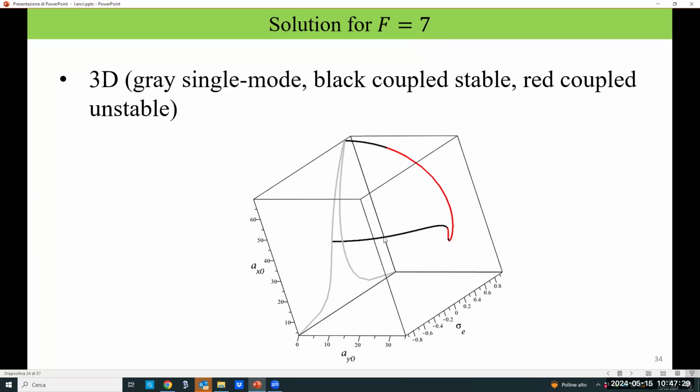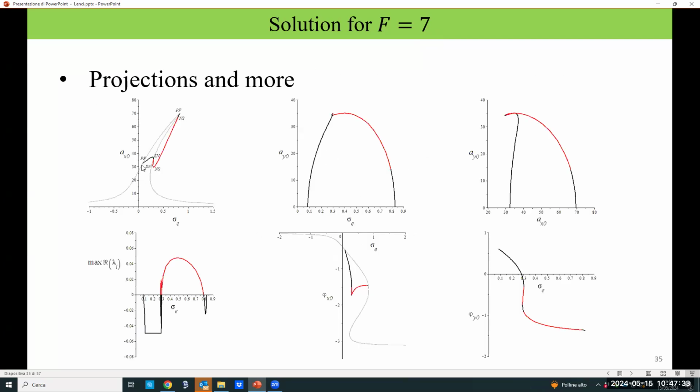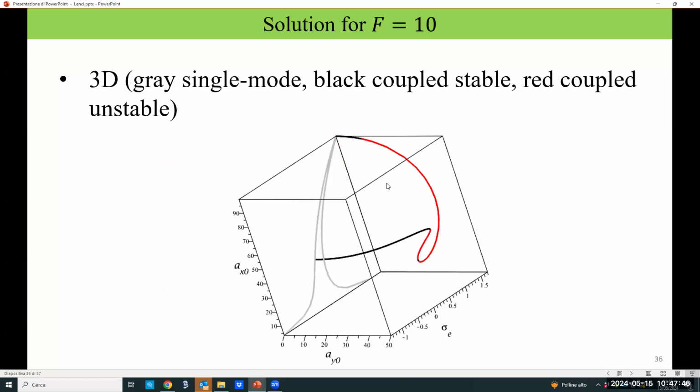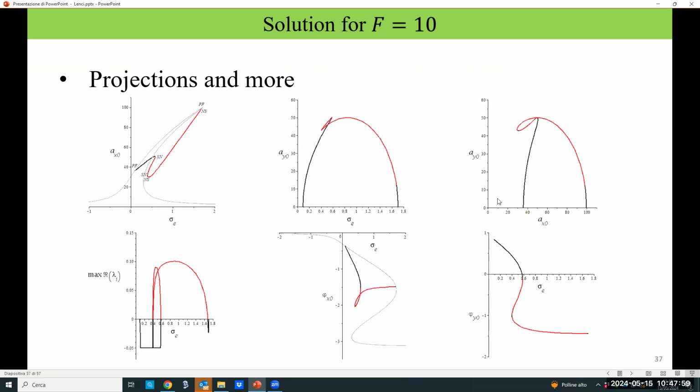Initially stable, black is stable, red is unstable, and on top of that, this can involve pitchfork bifurcation, where this phenomenon occurs, saddle-node bifurcation, Neimark-Sacker bifurcation again, and in this red curve you have quasi-periodic oscillation. No more periodic oscillation, just quasi-periodic oscillation. So very, very complex behavior.